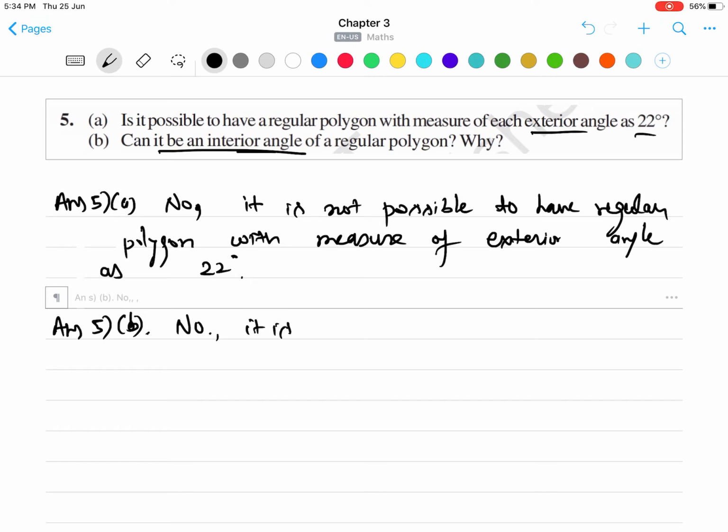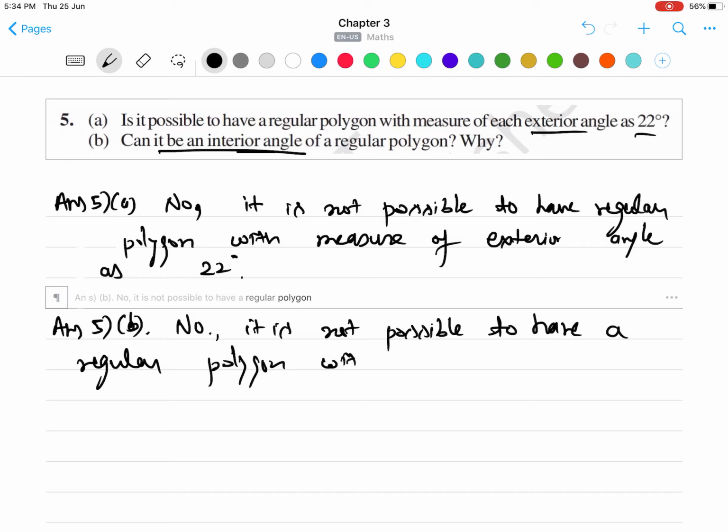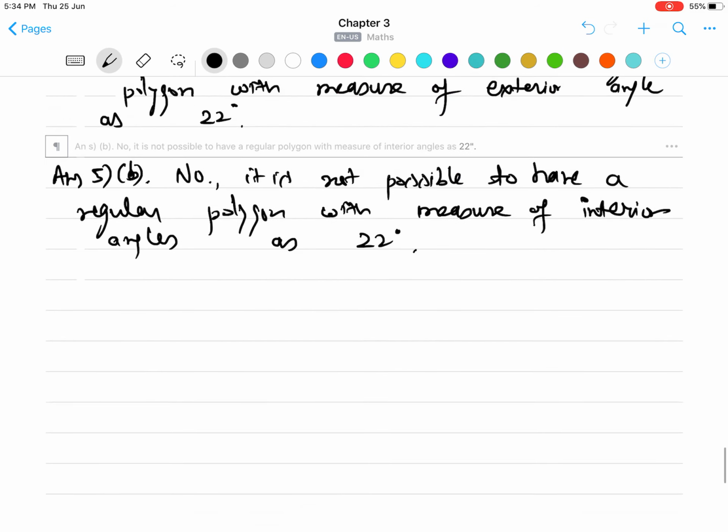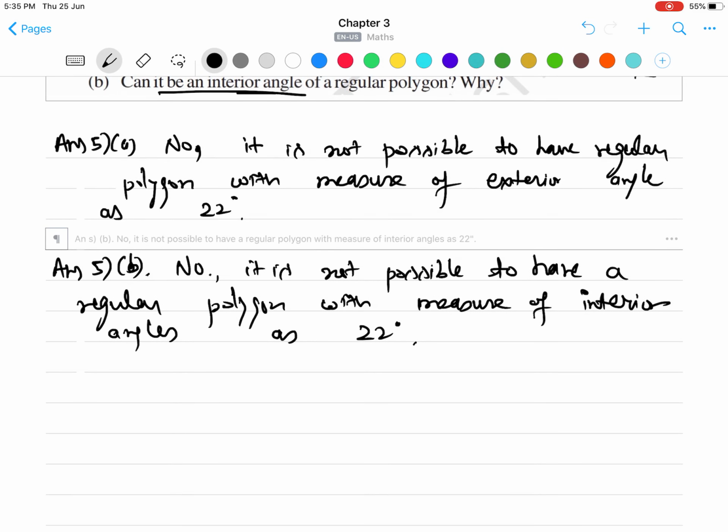So write, it is not possible to have a regular polygon with measure of interior angle as 22 degree. Okay, so in both cases the answer is no.